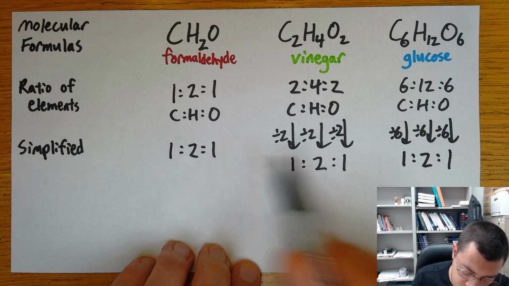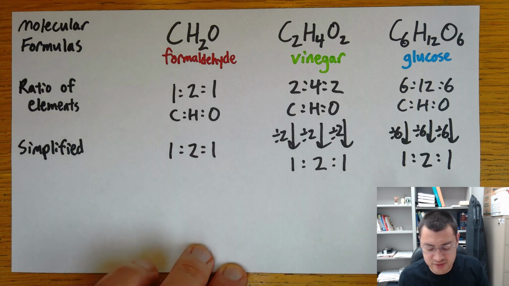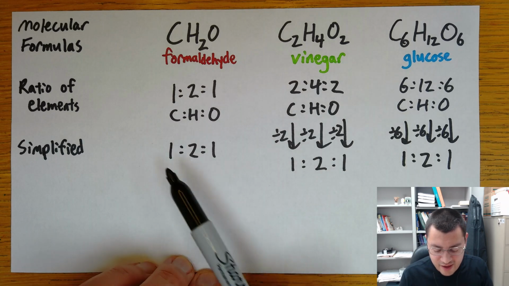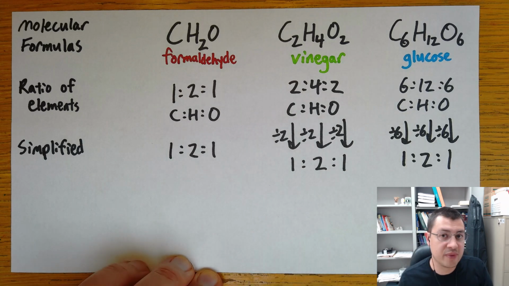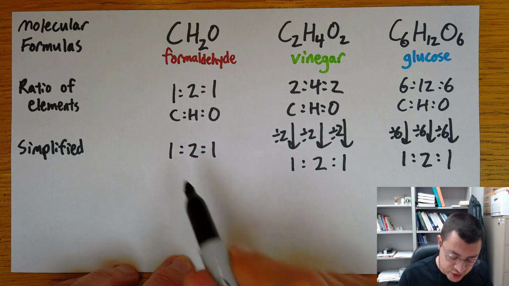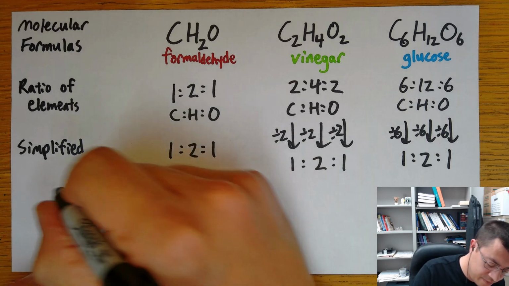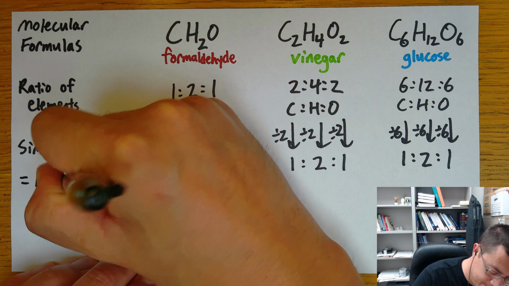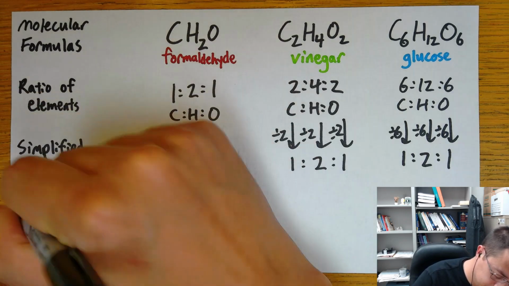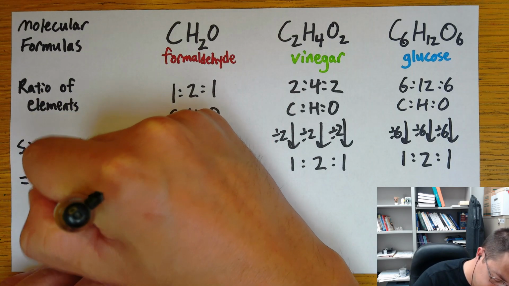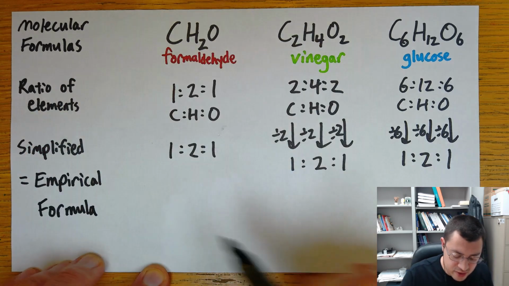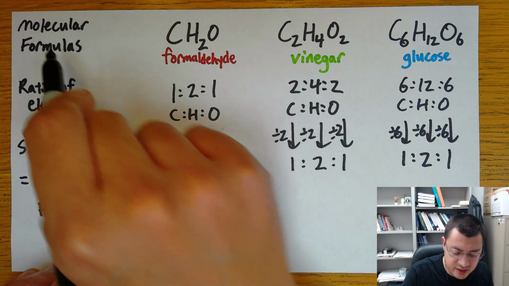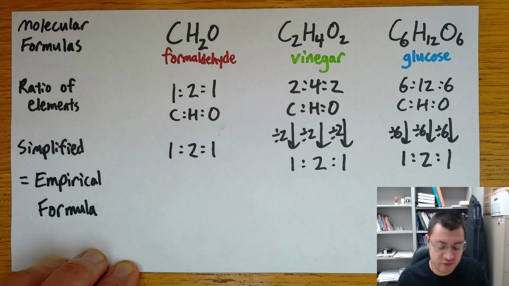So all 3 of these compounds, the deadly one, the seasoning, and the sweet one, have the same ratio of elements. This ratio of elements is what we call an empirical formula. The empirical formula is the most simplified way of writing the original molecular formula.